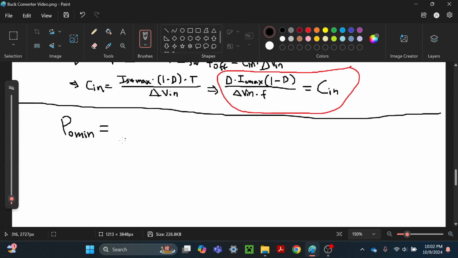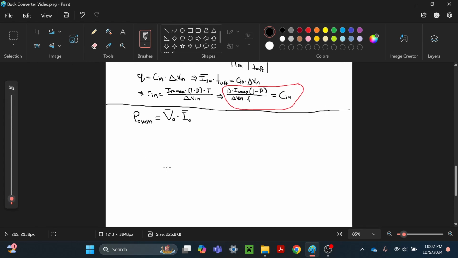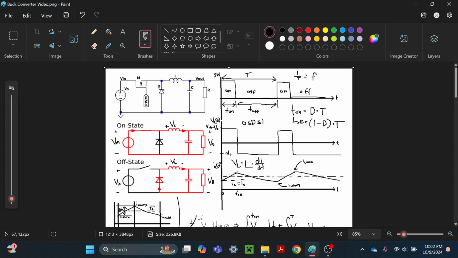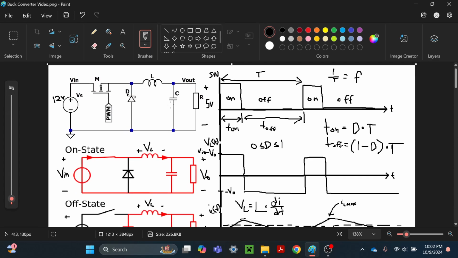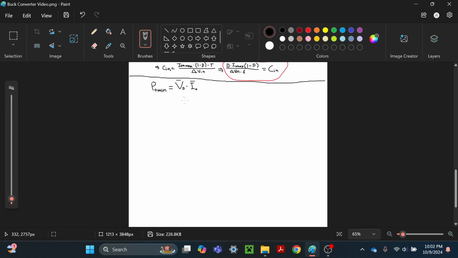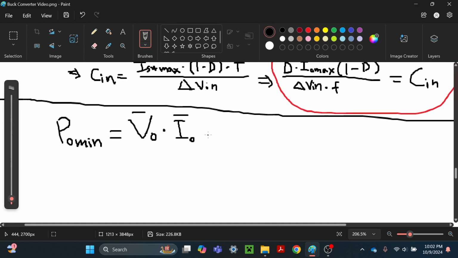The minimum load is going to be equal to the voltage output times the current output. And because our converter is working to convert, say, for example, 12 volts to 5 volts to our load, then this V out is always going to be a constant 5 volts.